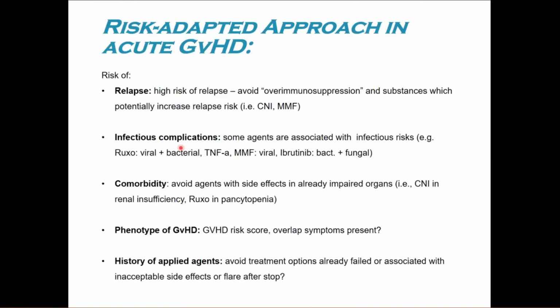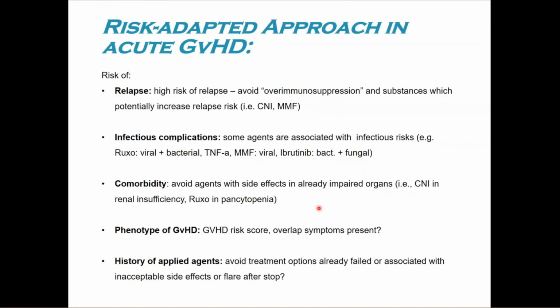Regarding the infectious complications, some agents are associated with higher infectious risk, like, for instance, ruxolitinib, with bacterial and viral infections, the TNF-alpha antibodies and MMF, especially viral infections, and ibrutinib, bacterial and fungal infections.